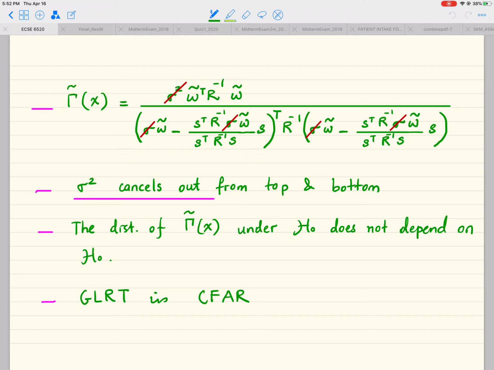Now we have a test statistic whose distribution does not depend on the unknown under the alternative hypothesis, and hence we can set the threshold to a constant false alarm rate of our choice, irrespective of the knowledge of the unknowns. So therefore, in this case, the GLRT gives us a CFAR test.